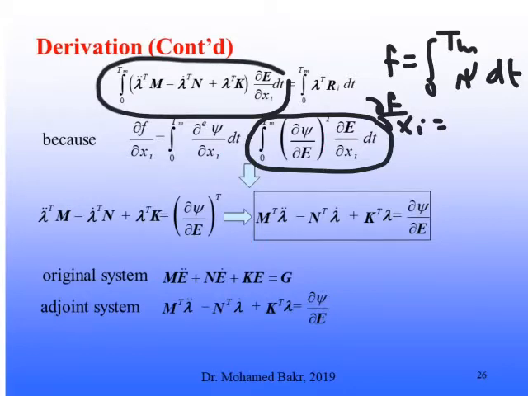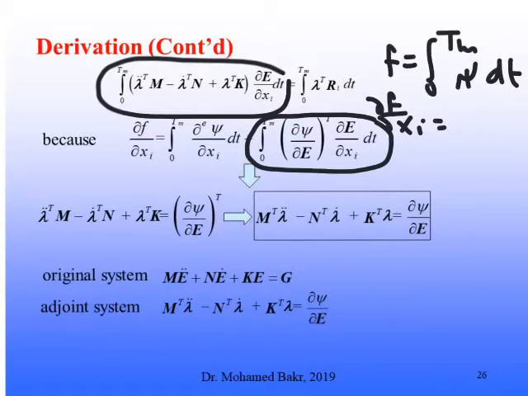What is this adjoint system? In this adjoint system, M of the original system became M transpose, N of the original system became minus N transpose, K of the original system became K transpose. The excitation here is the derivative of the kernel relative to the state variables, relative to the electric field, relative to the magnetic field.